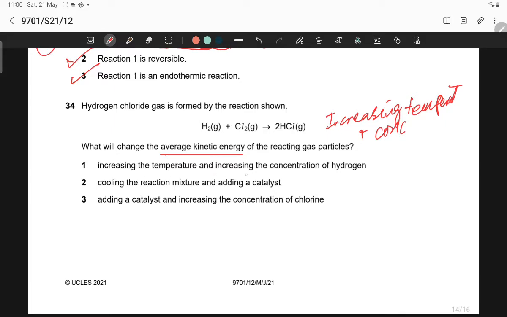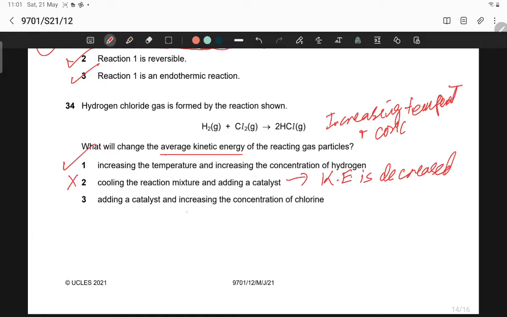Increasing the temperature and increasing the concentration of hydrogen. Yes, this option is correct. Cooling the reaction mixture, kinetic energy is decreased. So this is also incorrect.